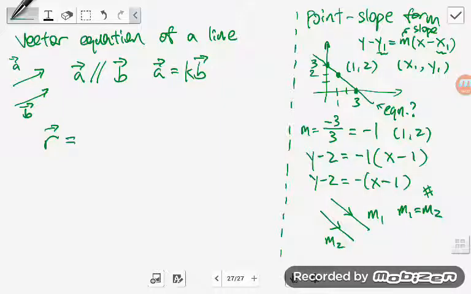The vector equation of a line is equal to vector A plus a value of t multiplied by a vector B. So this is the vector equation of the line. And t is just similar to k. It's just a scalar value, some value that can be positive or negative.